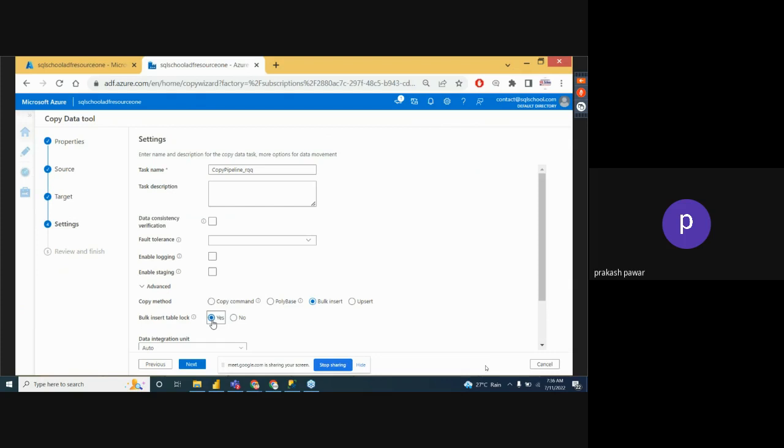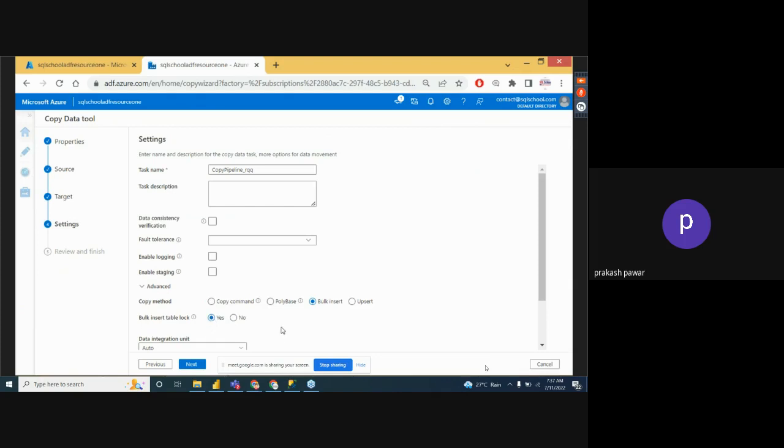Your transactions may have exclusive locks on individual rows. It will impact the performance: locking problems, lock escalations. Better to say yes. In the previous example, we had the copy command. Now for bulk insert, say yes.